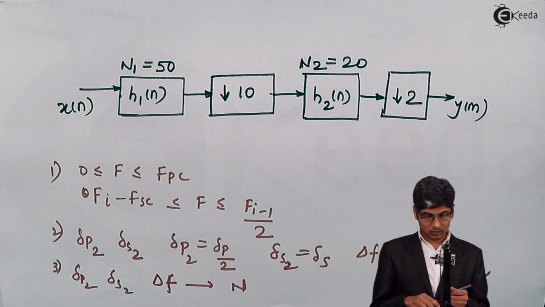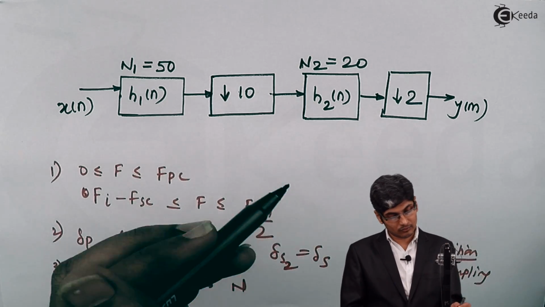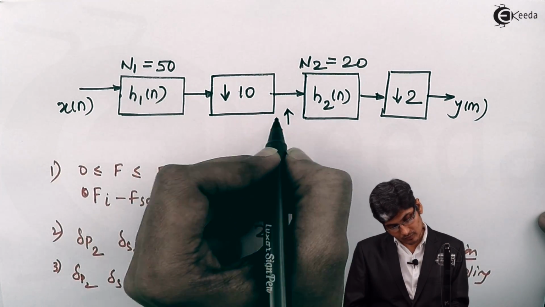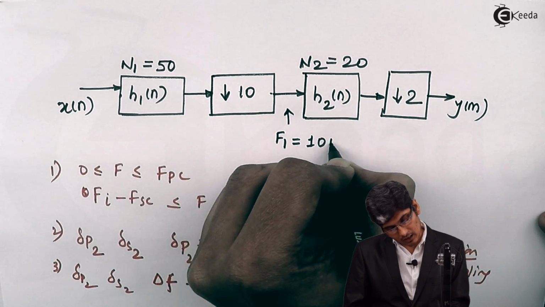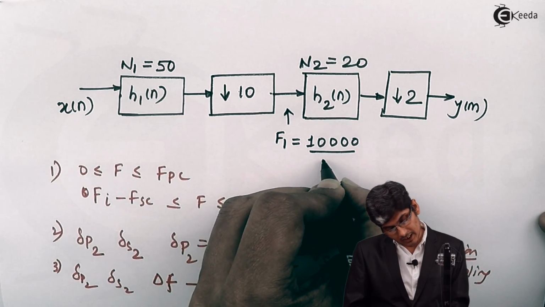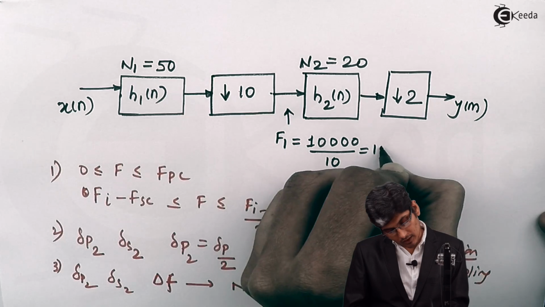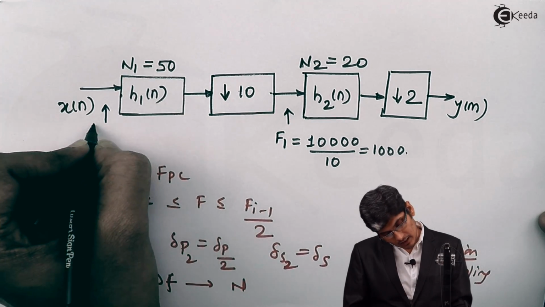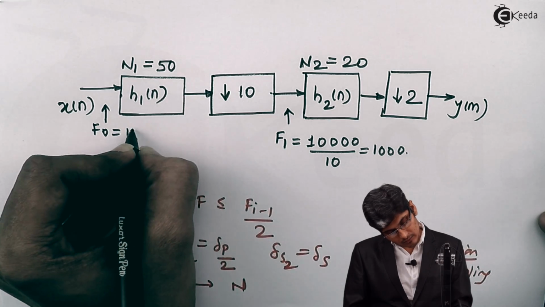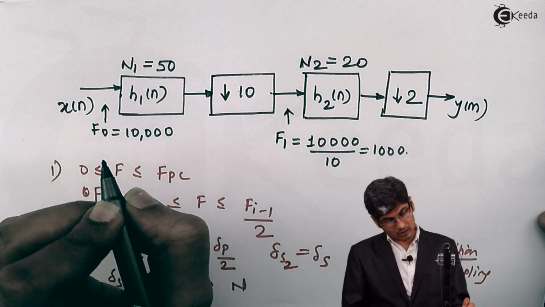At stage 1, if you can see here, this will be my F0, which is 10,000. This will be my F1, which is 10,000 divided by 10, which is 1,000.